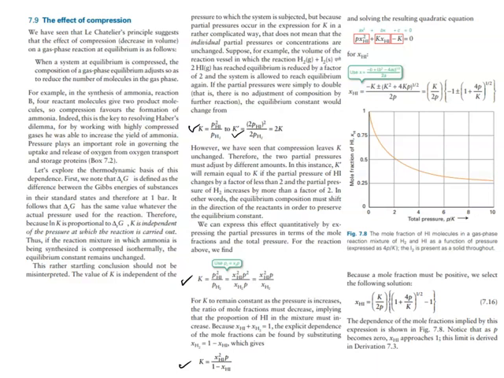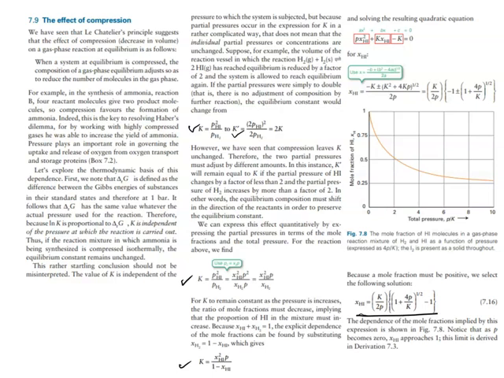Because a mole fraction must be positive, you can select the following solution. The dependence of the mole fraction implied by this expression is shown in figure 7.8. Note that as pressure becomes 0, the mole fraction of hydroiodic acid approaches 1. This limit is derived in derivation 7.3 if you're interested in pursuing that derivation in the text.